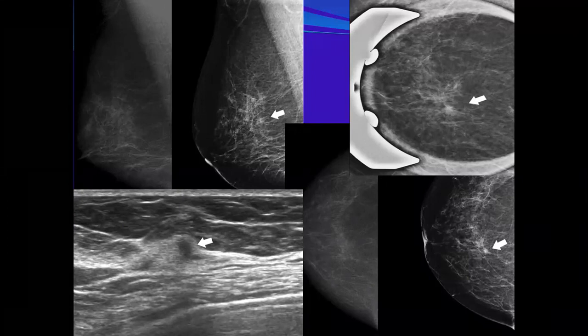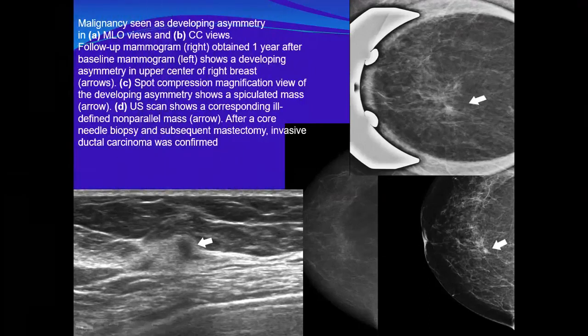On ultrasound it is BI-RADS 4. Yes, this is BI-RADS 4. It's a non-parallel indistinct lesion. It is BI-RADS 4. So this is malignancy seen as developing asymmetry.